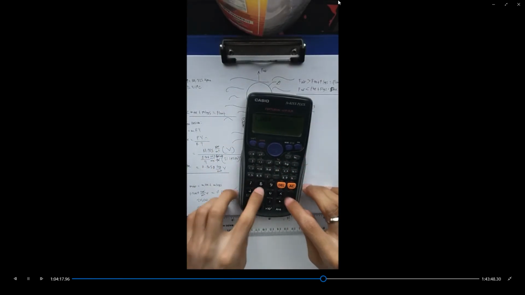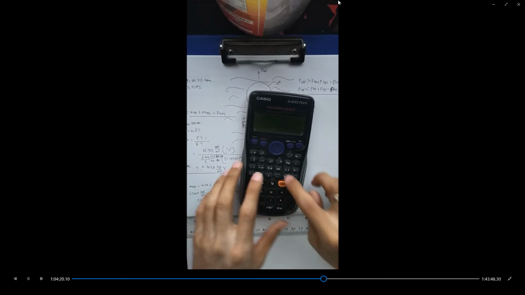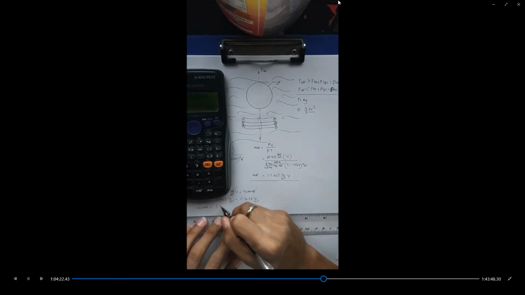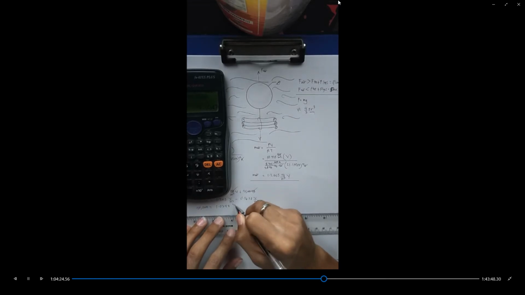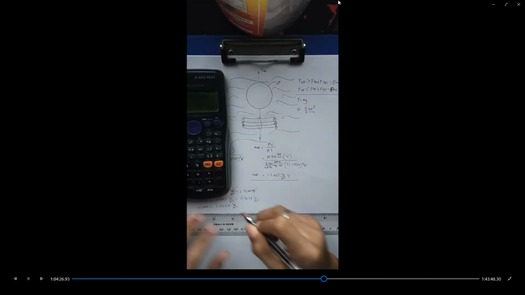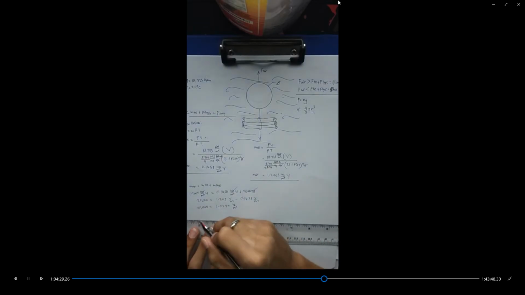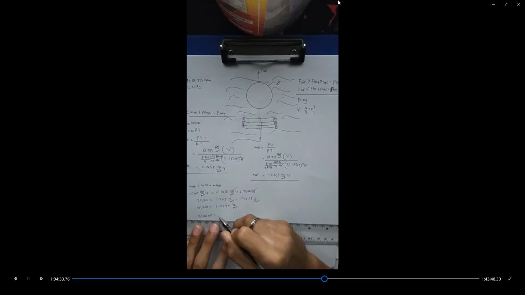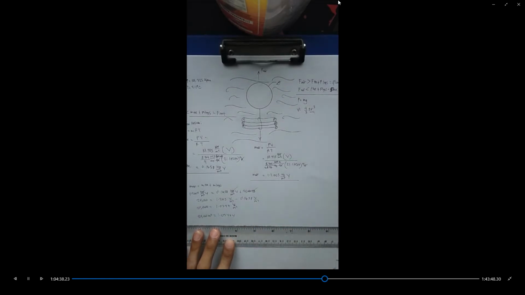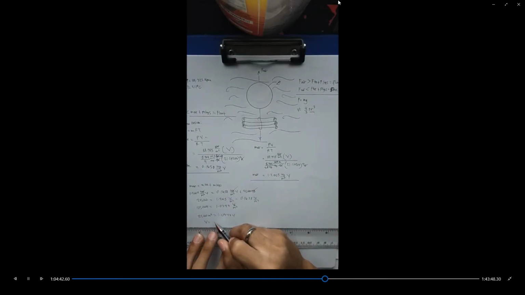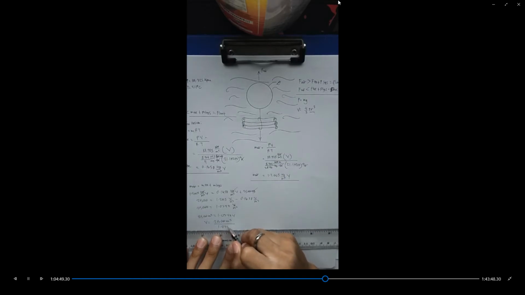So 1.2005 minus 0.1658, we will have 1.0347 volume per meter cube. And cross multiplying, 20,000 meter cube is equivalent to 1.0347 volume. Now solving for our volume, dividing both sides by 1.0347, the volume will become 20,000 meter cube all over 1.0347.